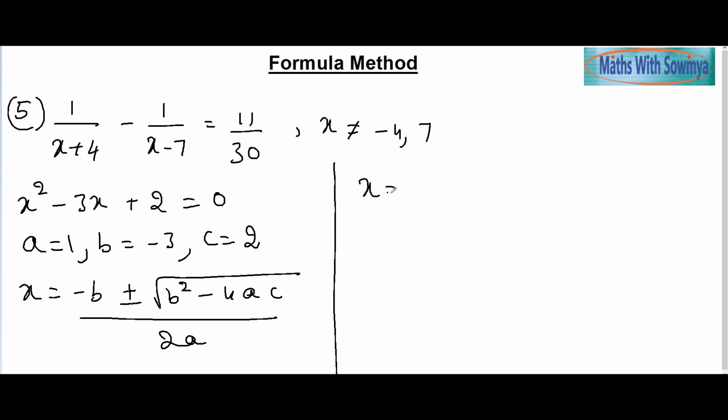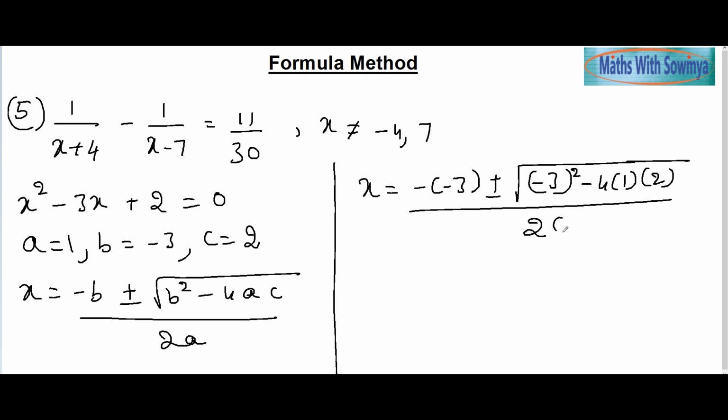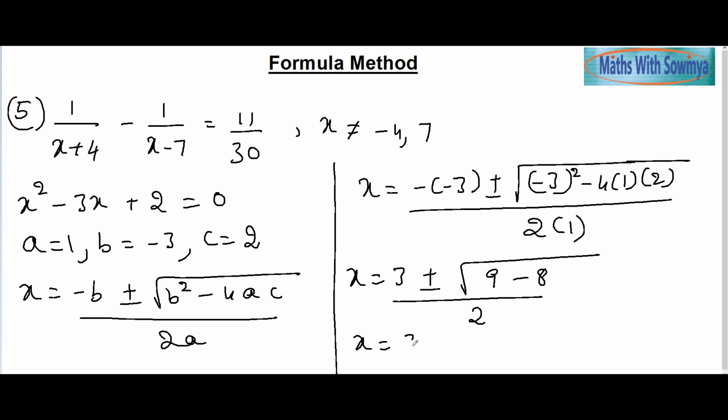So x is equal to minus of minus 3 plus or minus 3 square minus 4 into a into c divided by 2 into a. x is 3 plus or minus 9 minus 8 divided by 2. x is 3 plus or minus root 1 by 2.